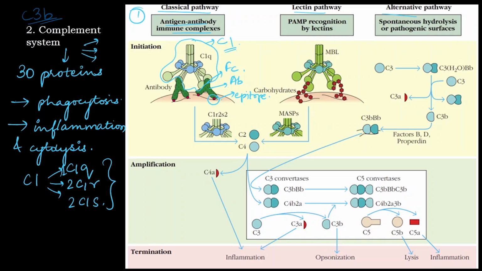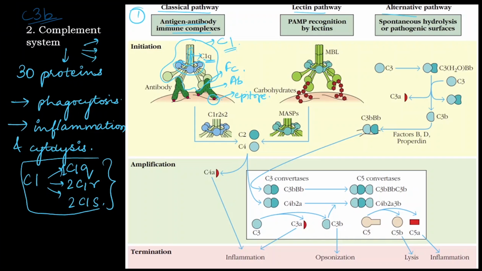So the whole complex is C1. Here we can see this large portion is the C1q molecule, and this blue ring like structure is a complex of C1r and C1s.